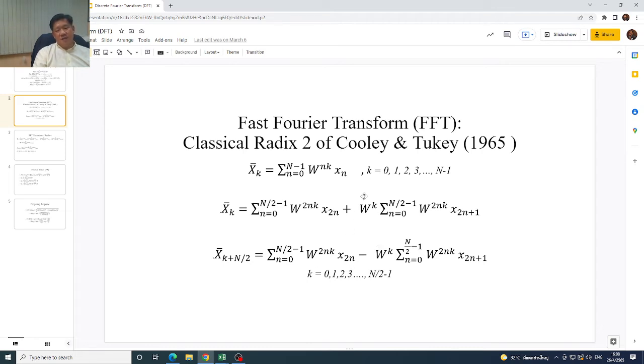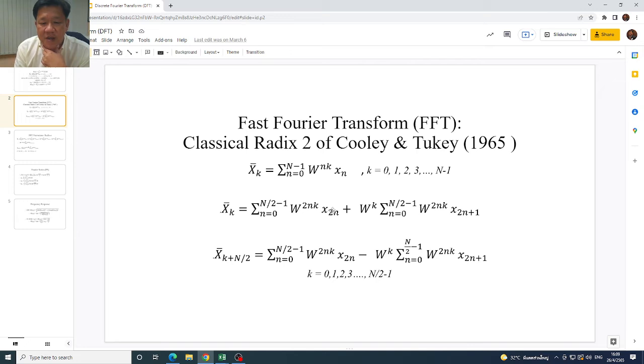If you replace k by k plus N divided by 2, you get this value. Which means that if I replace k by k plus N divided by 2 in this term, it becomes W to the 2n times k plus N divided by 2.